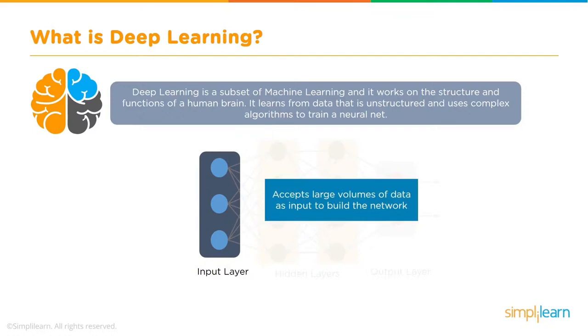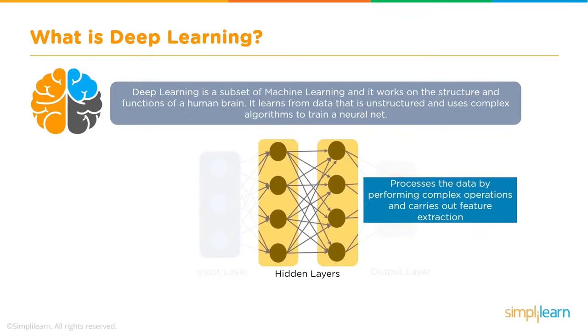Let's take a quick look. So the input layer accepts the input. So this could be in the form of, let's say, if it is an image, it could be the pixel values of the images. So that's what the input layer does. And then it passes on to the hidden layers. And the hidden layers in turn perform certain computations. And as a part of the training, they have these weights and biases that they keep updating till the training process is complete.